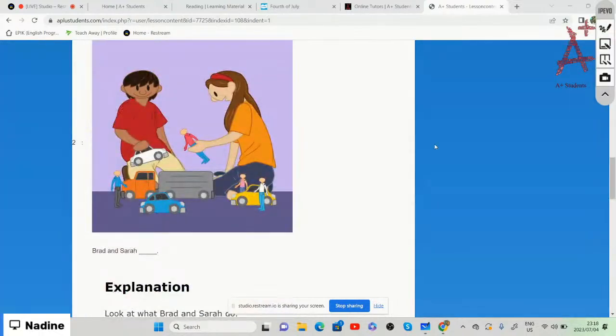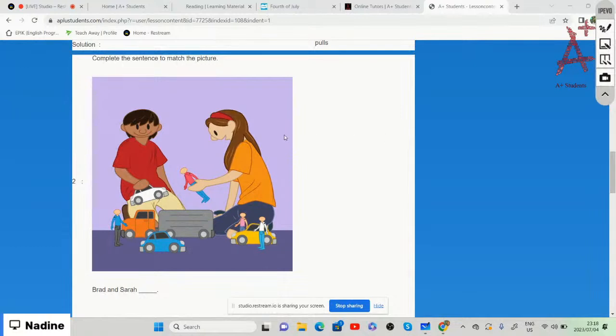All right, we're going to the next and last one. If you look at what this boy and this girl are doing, what do you think they're doing? Brad and Sarah, what are they doing? We see cars and we see little dolls, right? So what do you think they are doing?